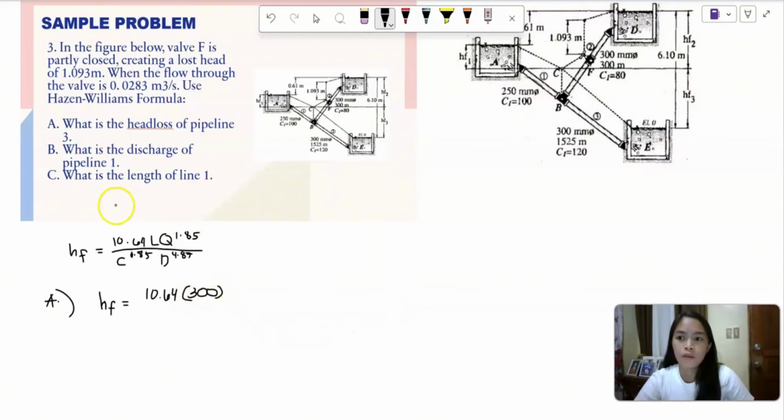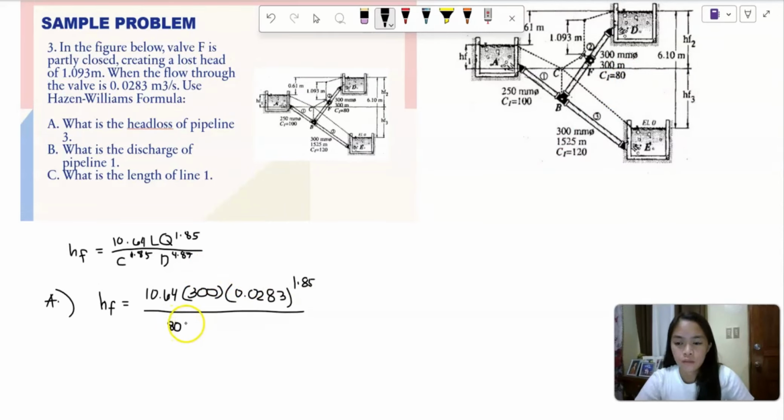Then for the flow in this valve, we have a given 0.0283 raised to 1.85 over C, which is 80 here.